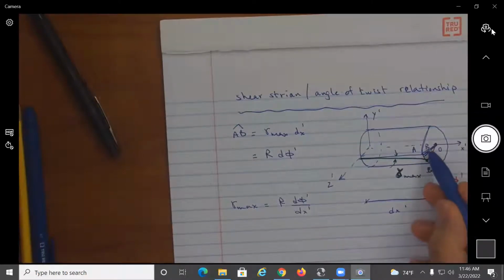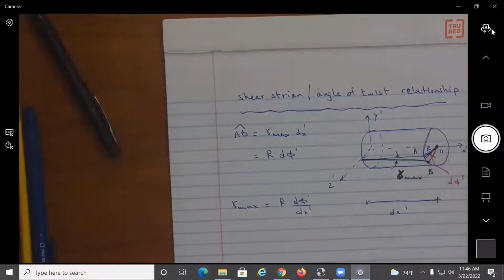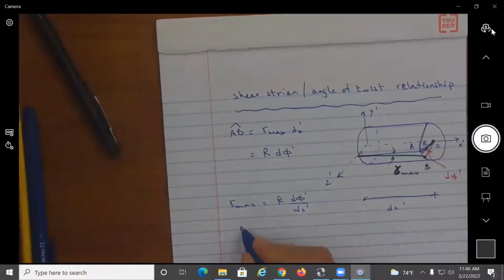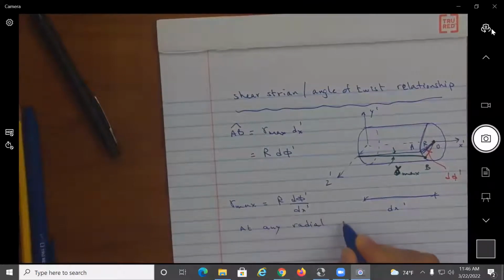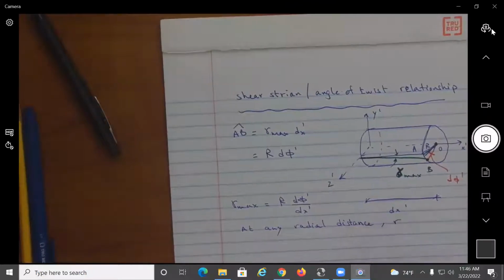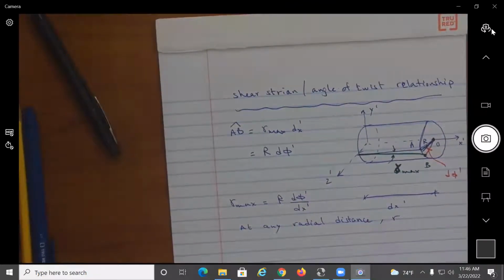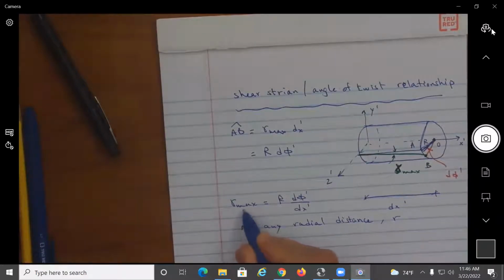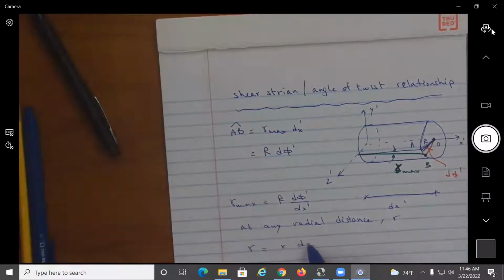If instead of using the uppercase R, I pick any radial distance lowercase r, we can say that gamma, no longer gamma max, is equal to r d phi prime by dx prime.